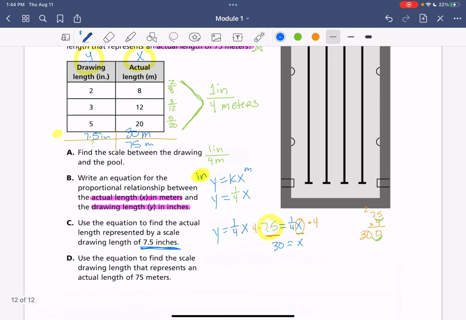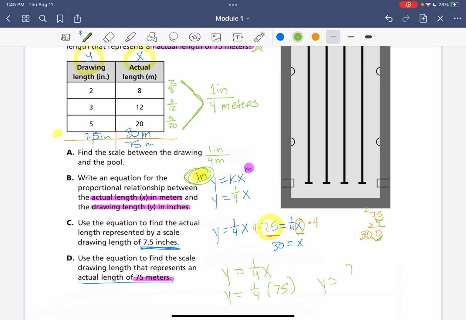So the flip side of that, we need to figure out what the scale drawing is when the actual length is 75. So let's take our initial equation again with our k value. Now instead of plugging in for y with our inches, we're going to want to go over to our meters, because that's what's given. We're given 75 meters and we're trying to figure out our inches. So on this side, I'm going to substitute in 1/4, and then my x is 75.